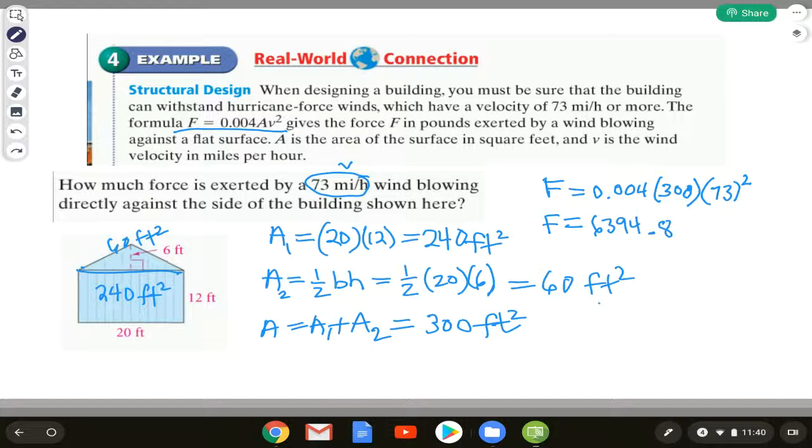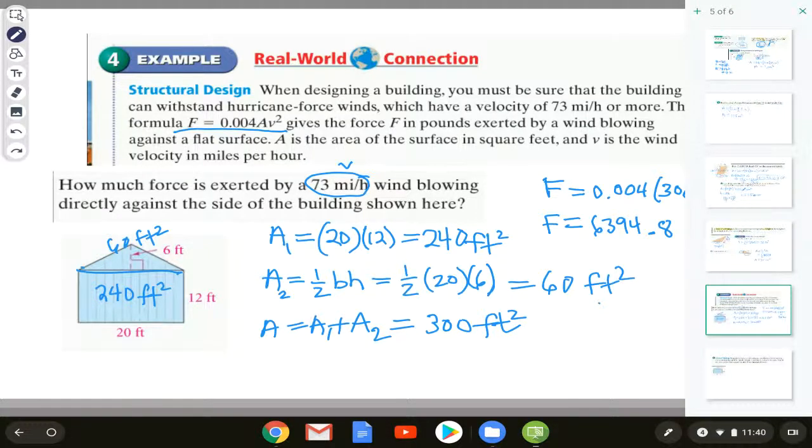So if I round it up to 6,400, that's about 3.2 tons. A ton is 2,000 pounds, so if you just divided 6,400 by 2,000, you would get 3.2.